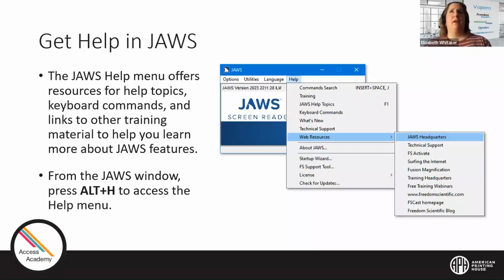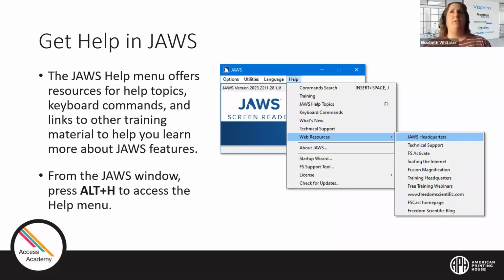You get an option for tech support information and web resources, which we're going to talk about with our training resources in just a minute, but you'll find things there like Surf's Up for learning how to navigate the internet with JAWS. There's an option for about JAWS. You're going to find the startup wizard, licensing information. So just a lot of information that you're going to find there.